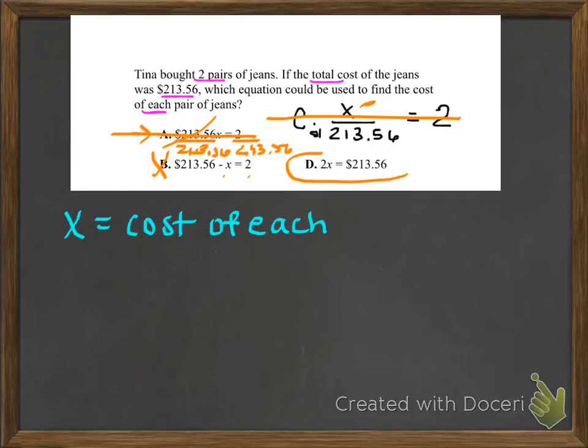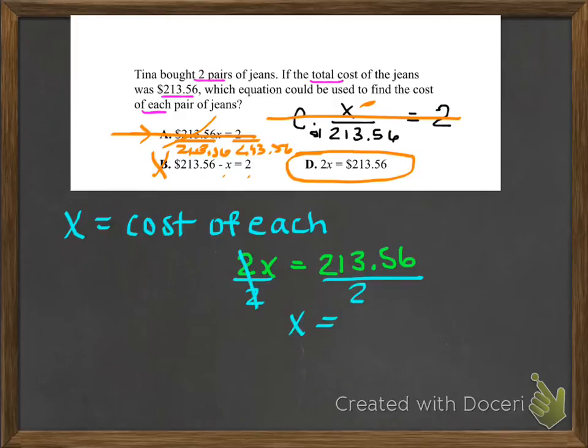So now you would be left with this D, but let's just go through and double check just to make sure that we have it correct. So if we have 2x equals 213.56, which remember it said our total was 213.56. And remember, oftentimes we see that the total is going to be by itself after the equal sign. So now what we would do is divide each side by 2, because that's what we would do in our operation here, and we would be left with x equals 100 and something.